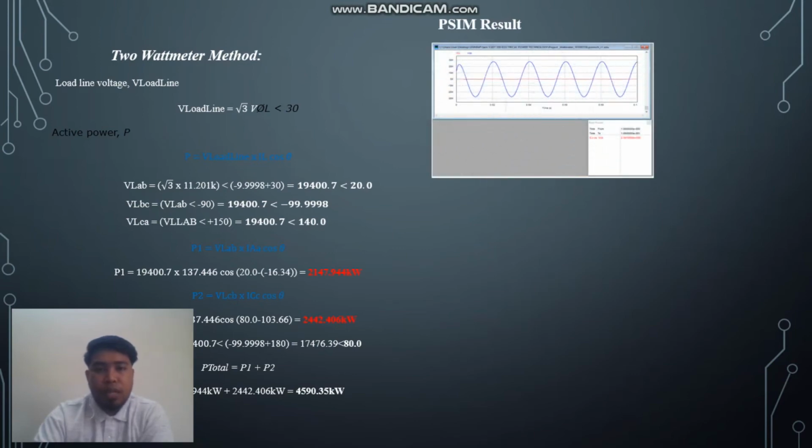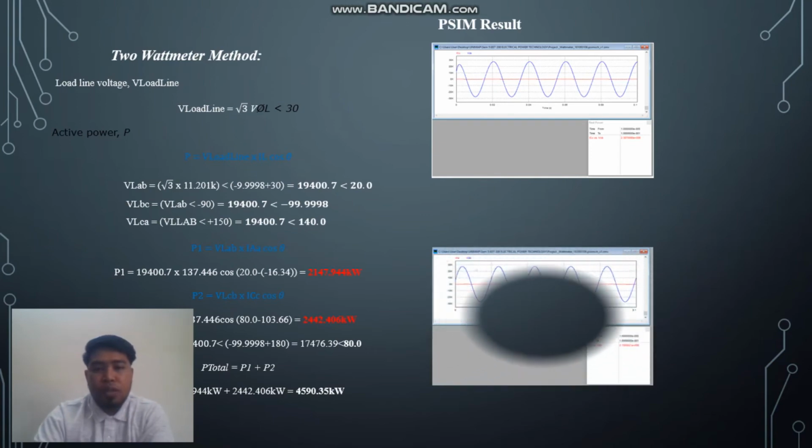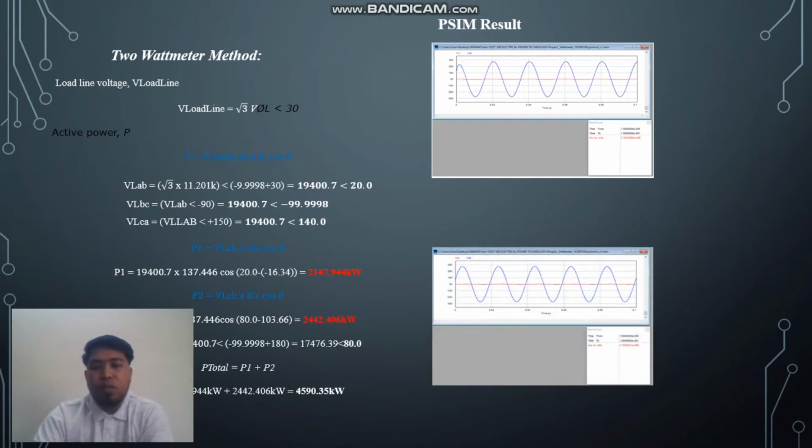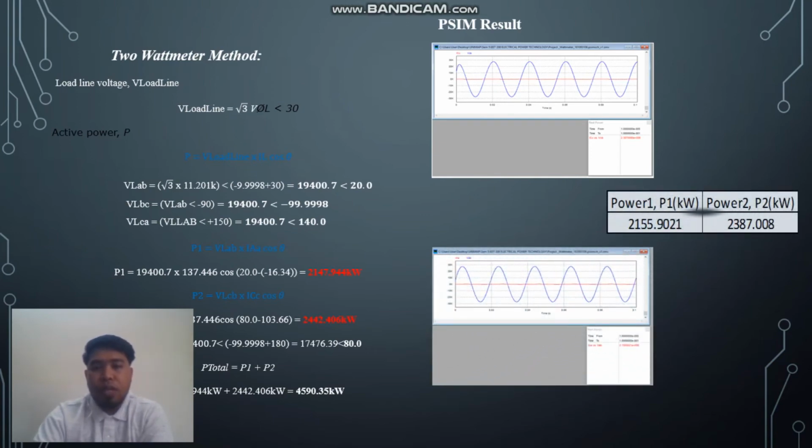This is the result for P1. This is the result for P2. The result for P1 from the PSIM simulation, I get 2155.2021, and for P2 I get 2387.008. A bit different compared to the calculation.